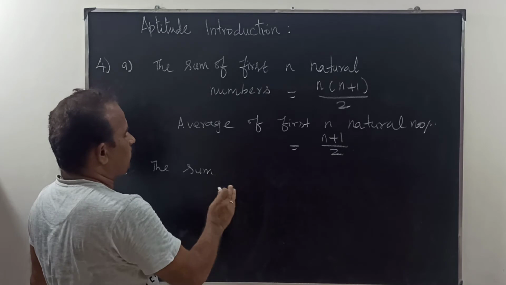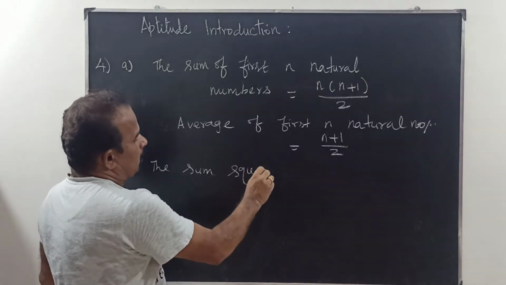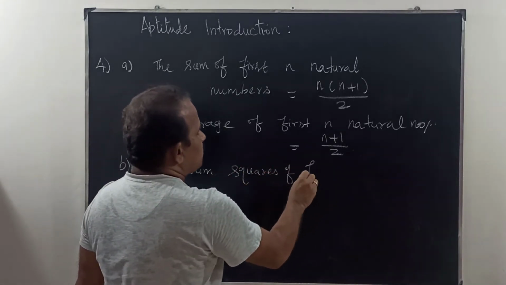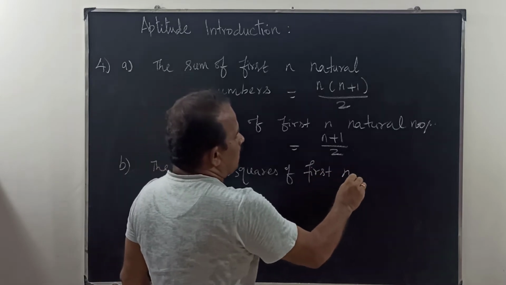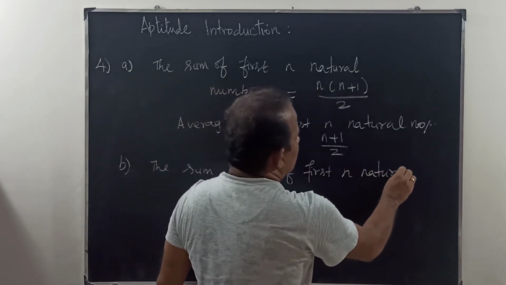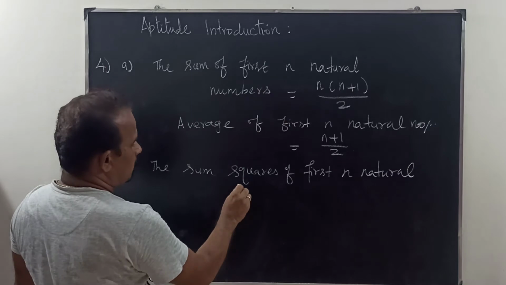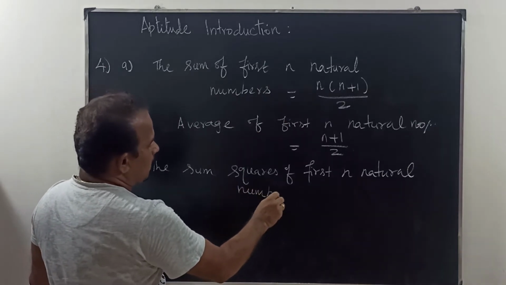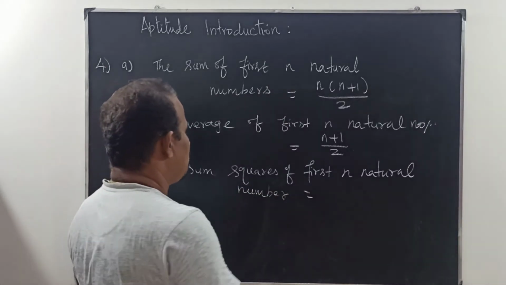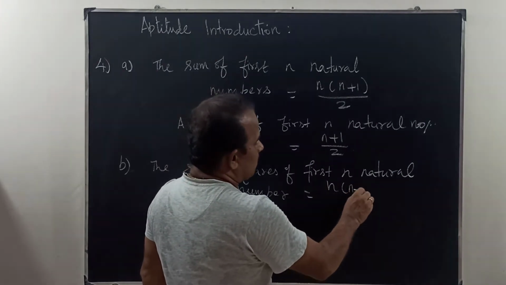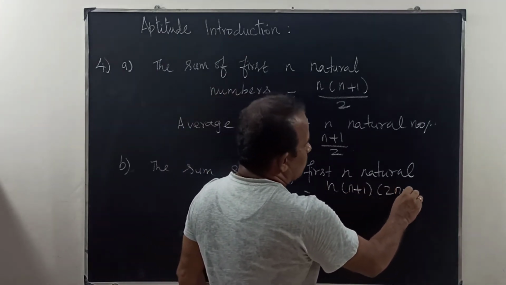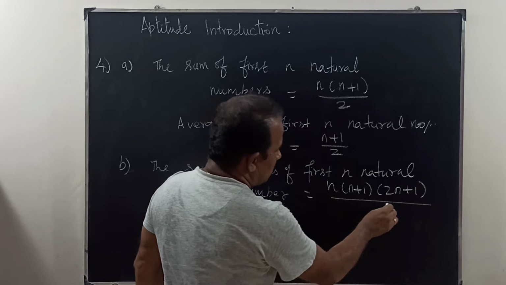B, the sum of squares of first n natural numbers is n into (n plus 1) into (2n plus 1) divided by 6.